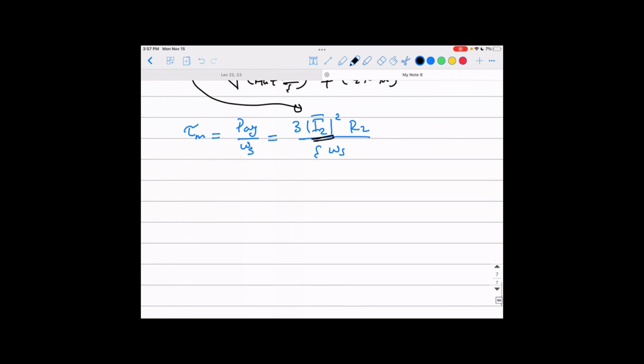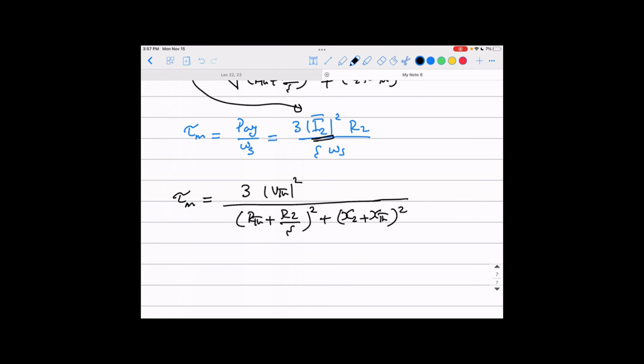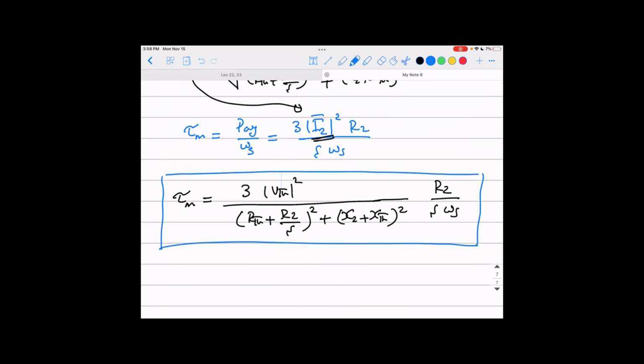If you do this and do some mathematics, it will land you with this equation: 3 times V Thevenin magnitude squared, divided by R Thevenin plus R2 over S all squared plus X2 plus X Thevenin all squared, multiplied by R2 over S omega S. And that is the torque-speed characteristic of the three-phase induction motor.